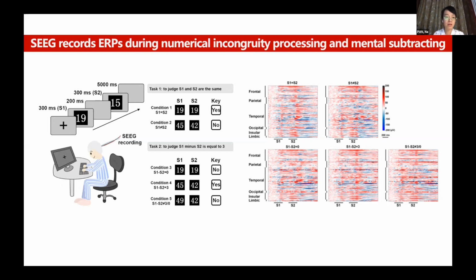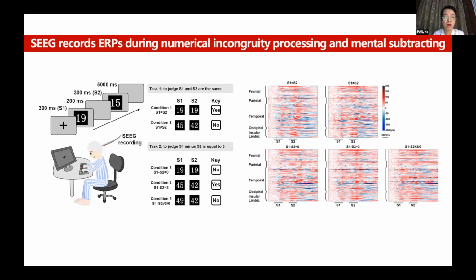In our study, the experiment is divided into 2 tasks. Participants are required to finish the delay match to sample paradigm. Task 1 we call the perceptual mismatch task.